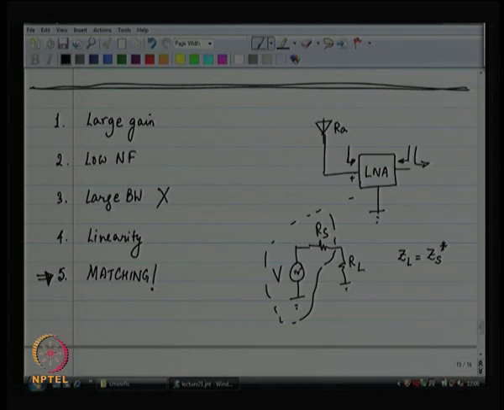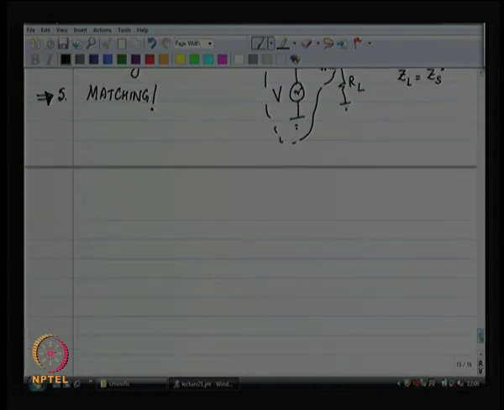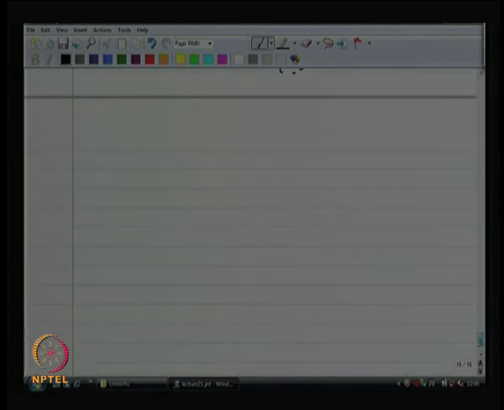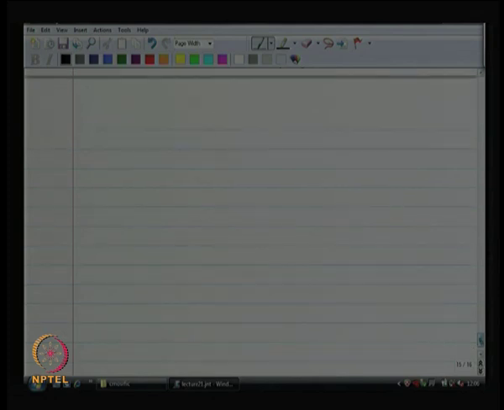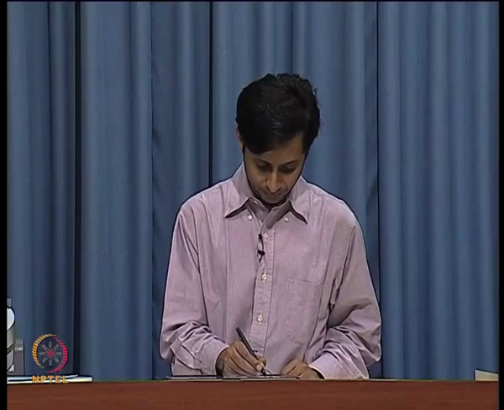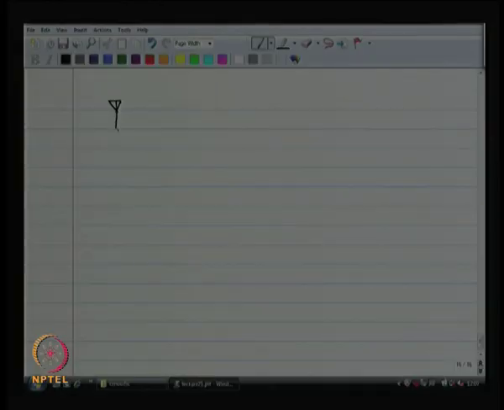How can we match the input impedance of our amplifier to the antenna, to the resistance of the antenna? So, the antenna is resistive, or mostly resistive.